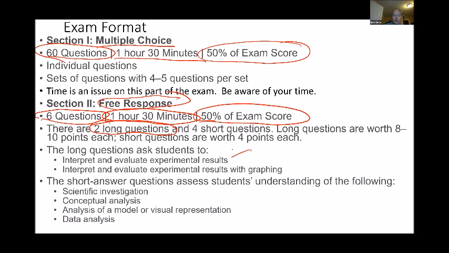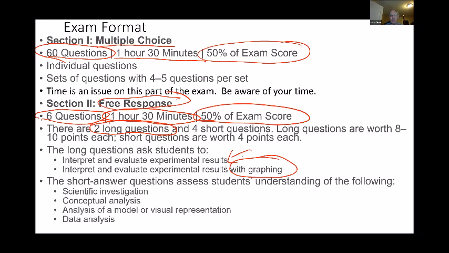The first long question, question number 1, is always going to be an interpret and evaluate experimental results question. So they're going to give you some data. They're going to give you probably a paragraph that talks about an experiment. And they're going to ask you to answer some questions about that experiment. Question 2 is going to be very similar, except this one is always going to require you to graph.